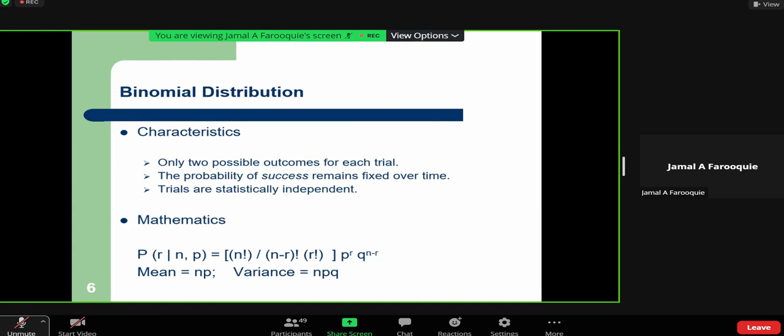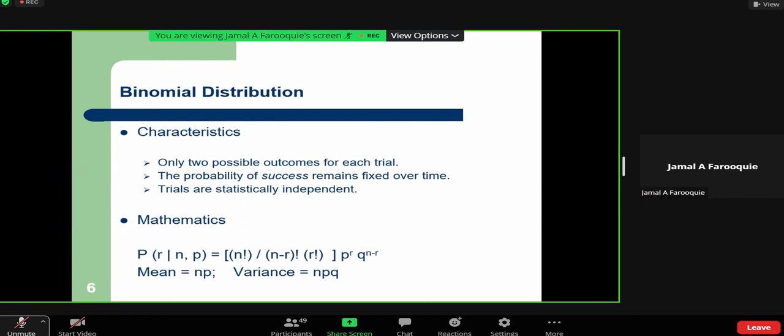What is q here? Any idea? Failure. Yes, probability of failure. So that is simply, in terms of p, any relationship between the two? 1 minus p.